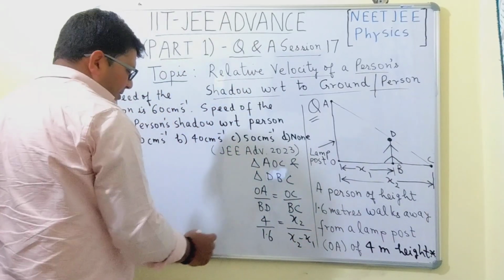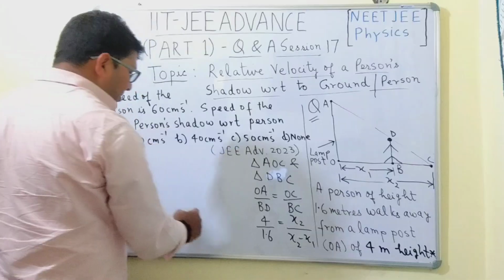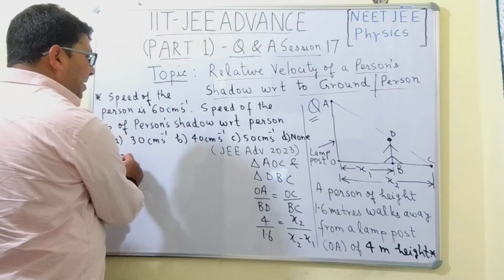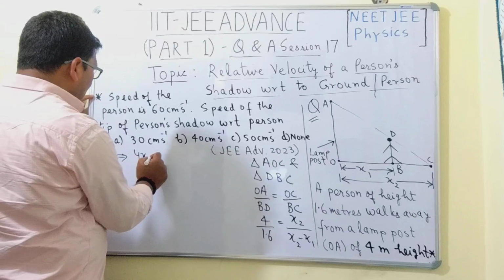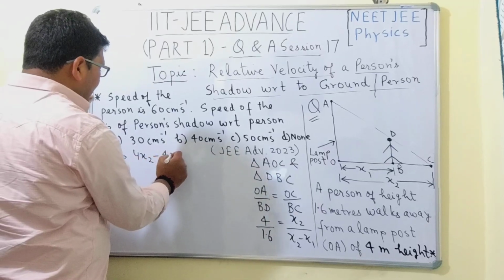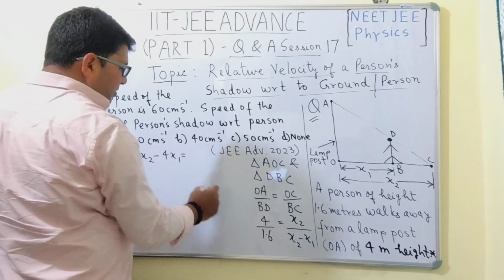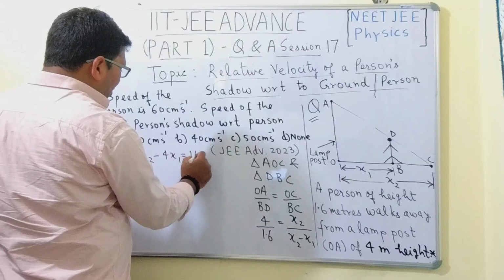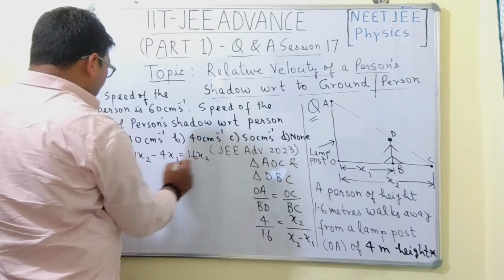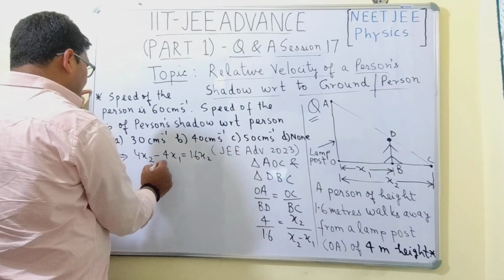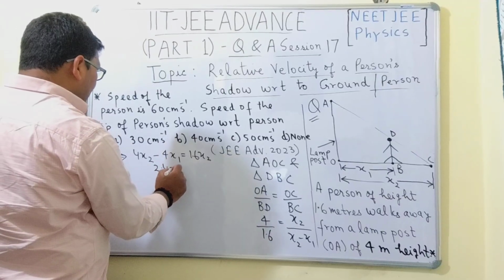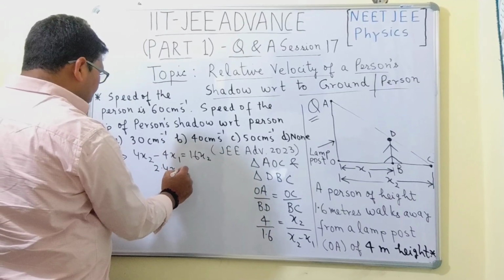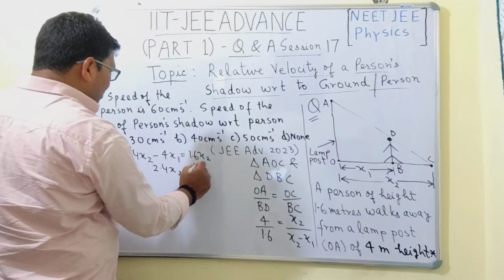So from here we will be getting 4x2 minus 4x1, which will be equal to 1.6 x2. So it implies that 2.4 x2 is equal to 4x1.